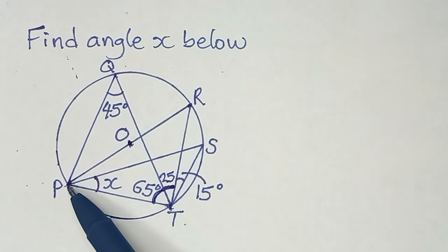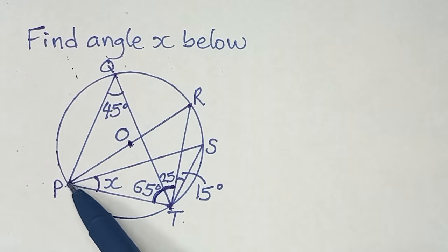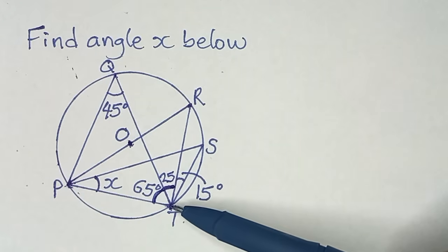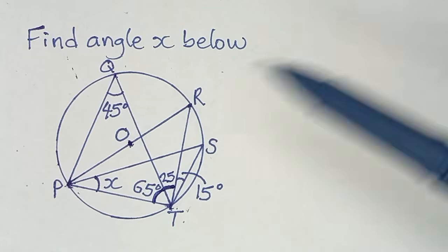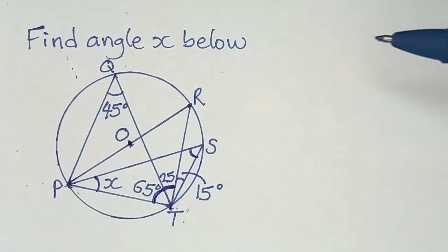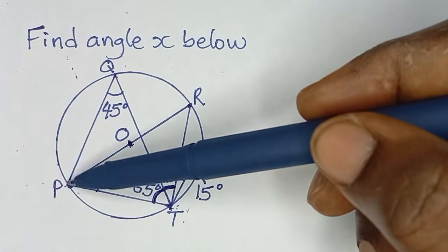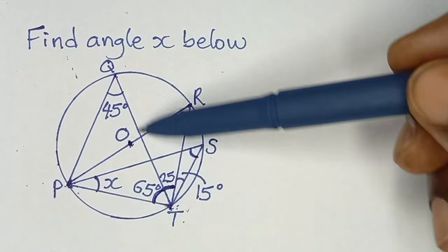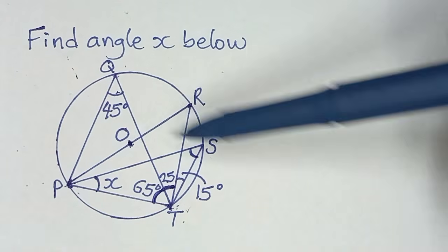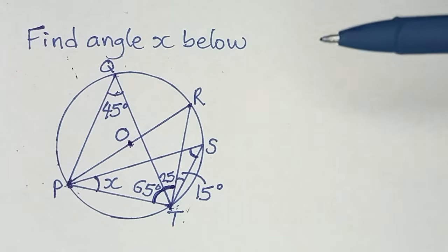In the same way, we have the same points P and T, and another two lines, this line going to S at the circumference, and from T, this line going to S, and the two of them form this angle here. Anytime you see lines coming from the same points and going to separate parts of the circumference, the theorem that should come to your mind is that angles in the same segment are equal.